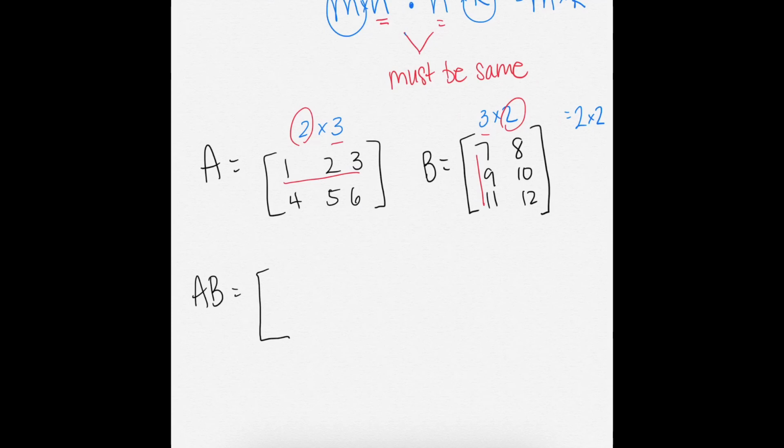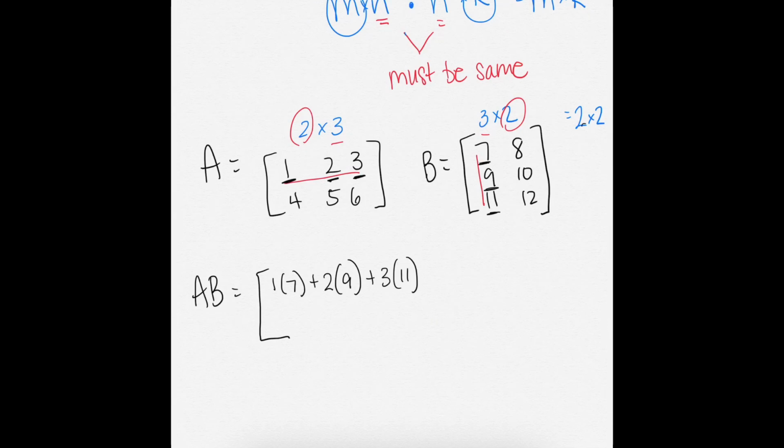In this case, that's going to be my top left entry here. So I'm going to say 1 times 7 plus 2 times 9 plus 3 times 11. So notice the 1 times the 7 plus the 2 times the 9 plus the 3 times the 11. First row multiplied and added with the first column. That's my first top left entry.